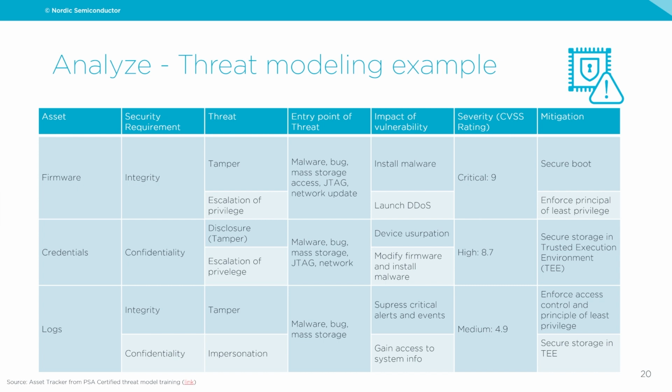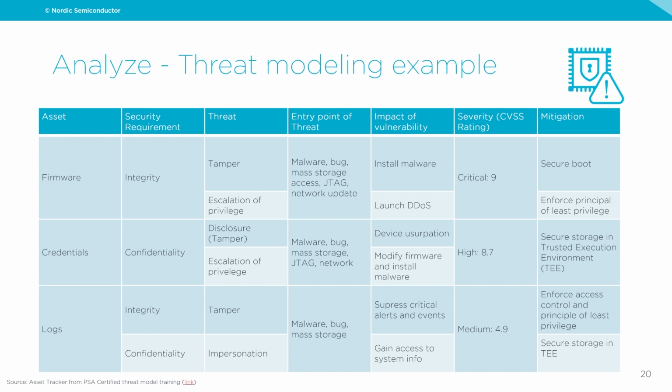The severity calculation was 8.7 for these. The mitigation would be to have secure storage in the trusted execution environment. The credentials would be stored in secure storage in the trusted execution environment, making it harder for an attacker to get access to them.